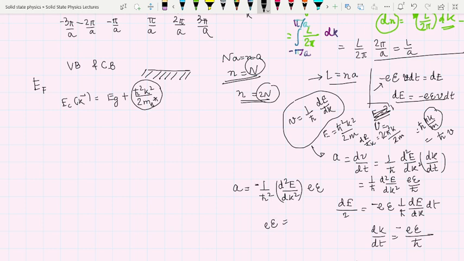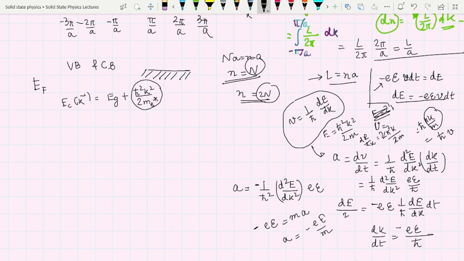Okay, if we consider the negative sign also, it gets cancelled. So consider this negative charge. If we consider the free electron, then this is the force, which is nothing but mass into acceleration. So we can say acceleration is equal to minus e upon m.